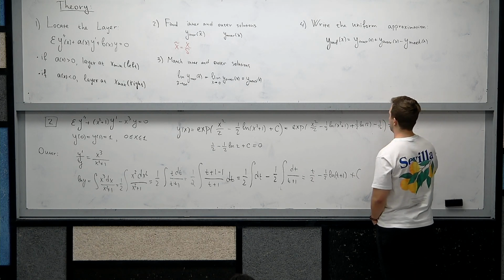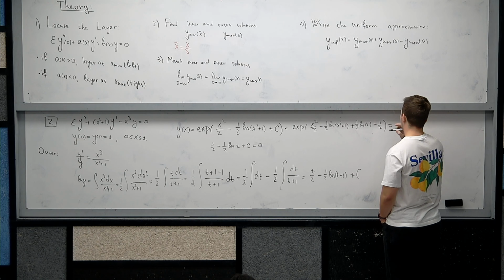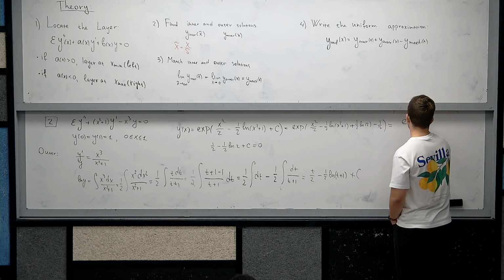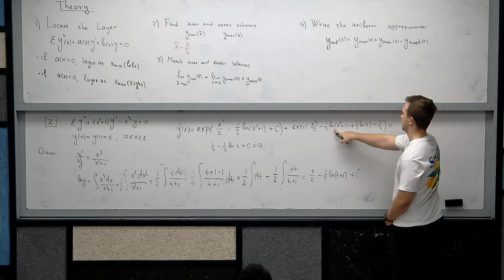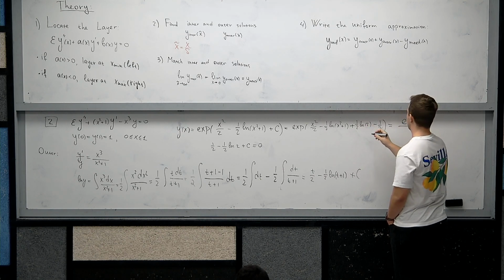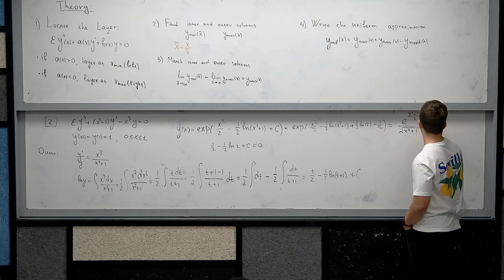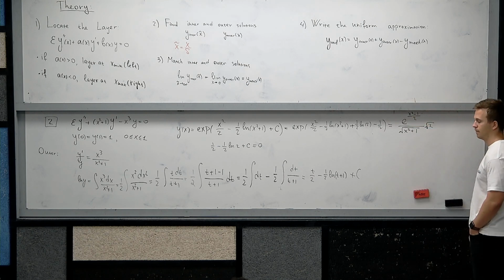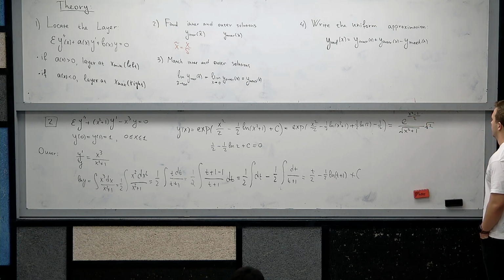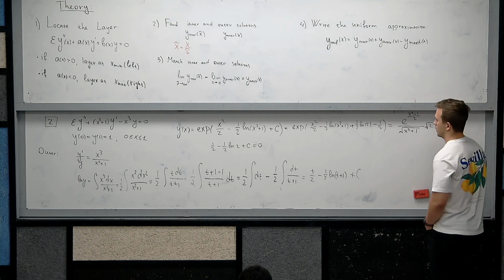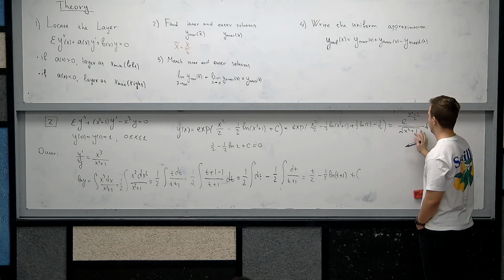And we can rewrite it as e to the x squared minus 1 over 2, then this logarithm gives the square root of x squared plus 1, and we also have this. So finally we found the outer solution.